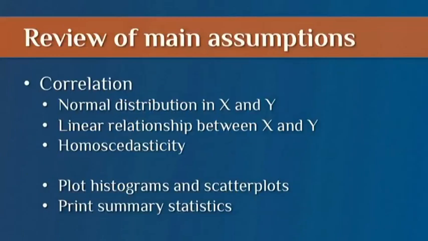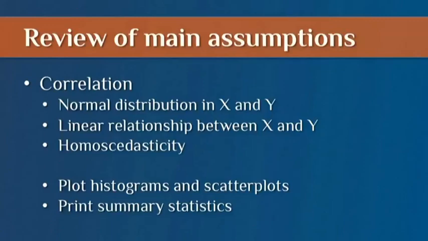So the main assumptions when we did correlation analysis were one, a normal distribution in X and Y because we were looking at Pearson's product moment correlation, or that little r value. We assumed a linear relationship between X and Y, and we assumed homoskedasticity.